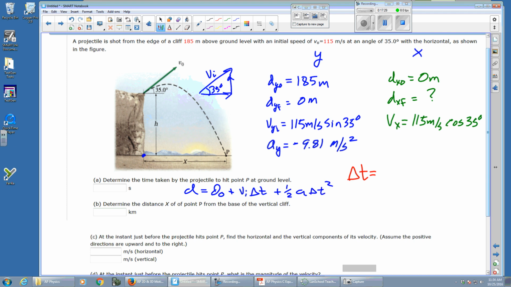And I know d naught, that's Vy naught. I know d final, that's 0. I know v initial. I know a. I don't know delta t. Solve. Find my time.